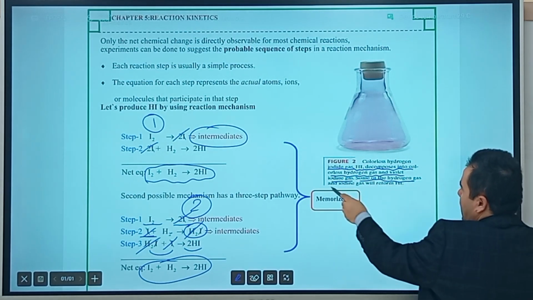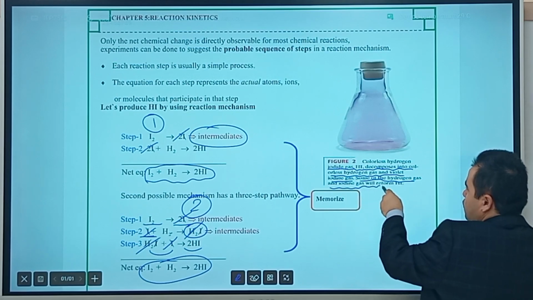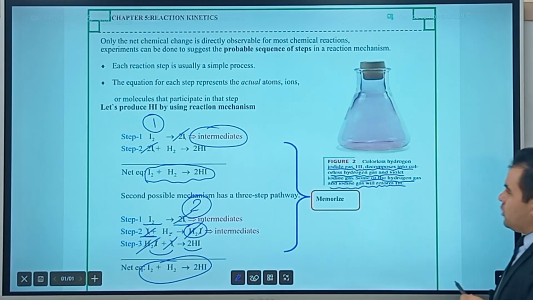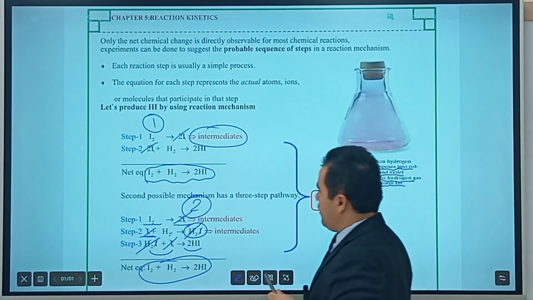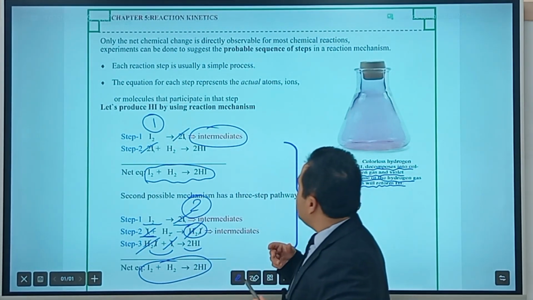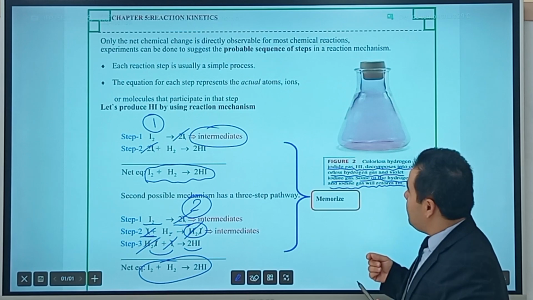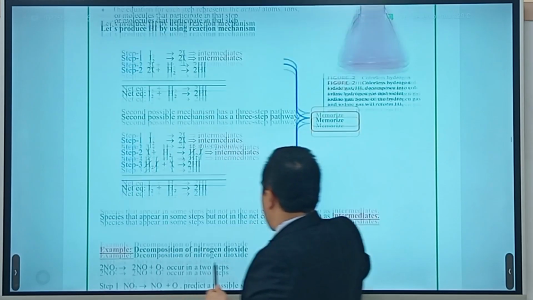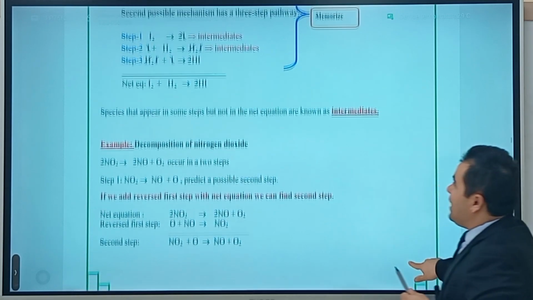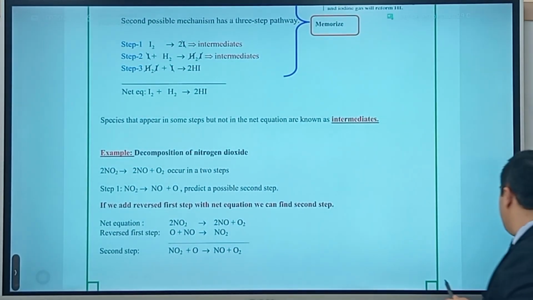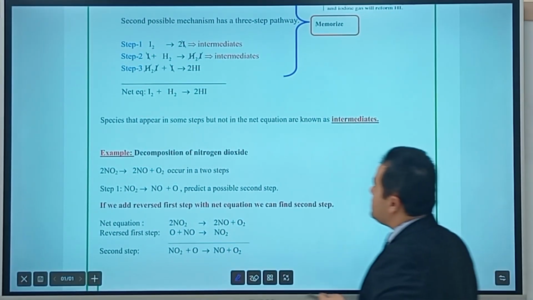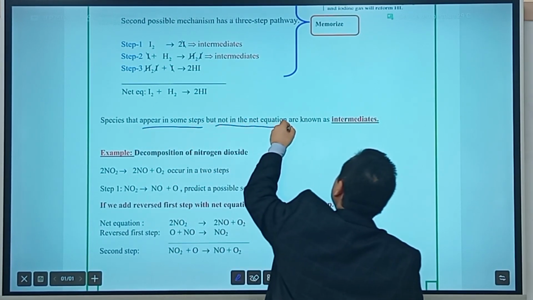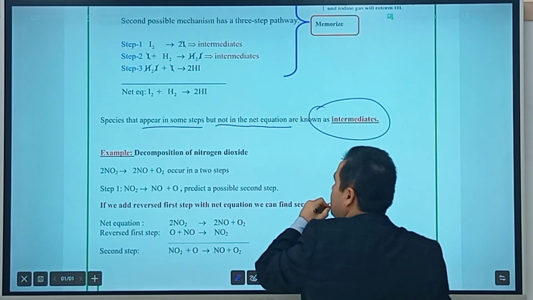Some of the hydrogen gas and iodine gas will reform HI, so this is a reversible reaction. The product can go back to form the reactants. What's the intermediate, guys? Species that appear in the steps but not in the equation are the intermediates.